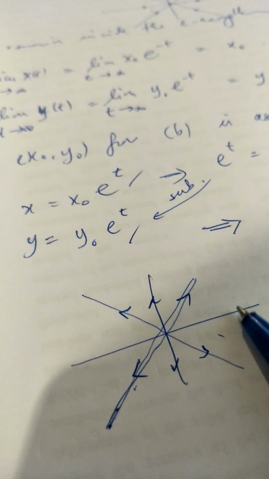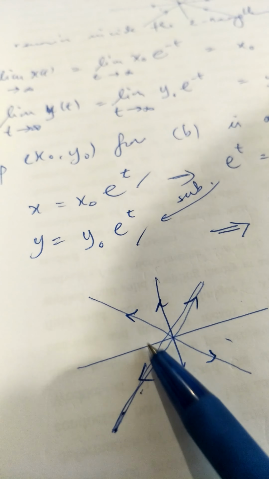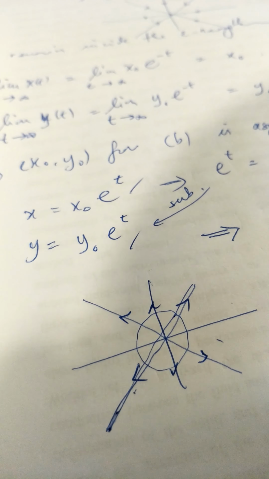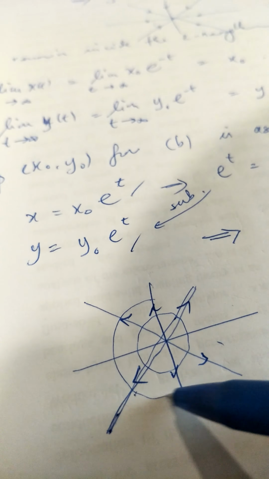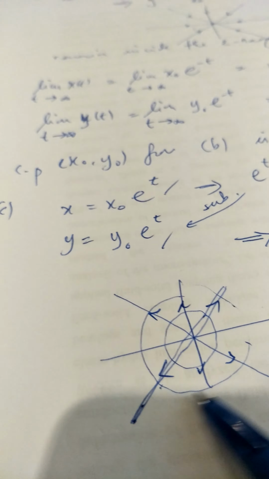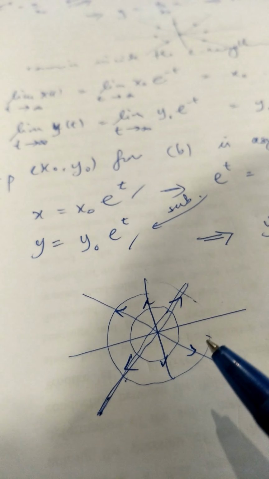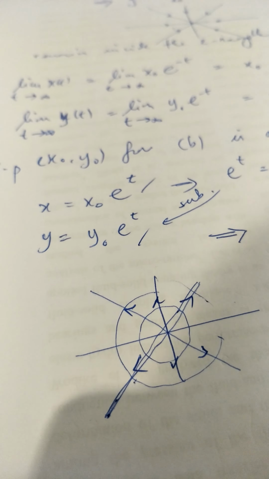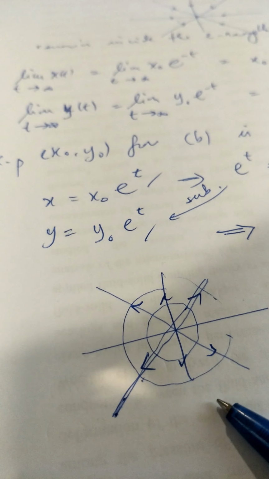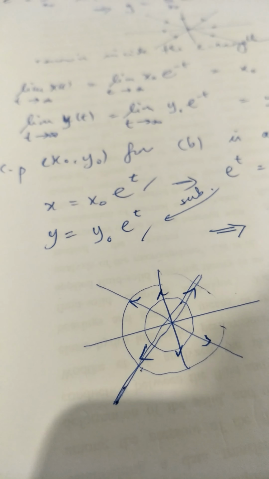Which means no matter how small or how big you choose the epsilon neighborhood, those trajectories still point out. So it means the trajectory remains outside the epsilon neighborhood.